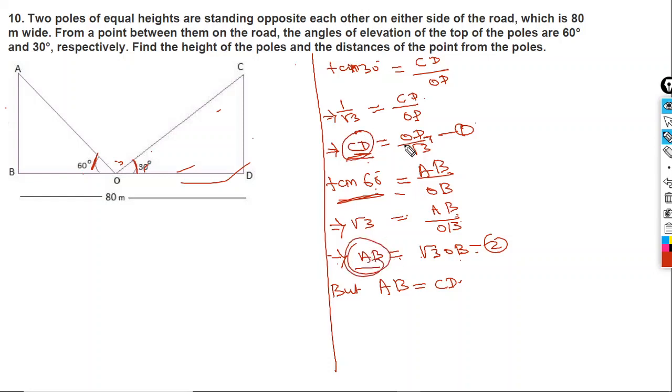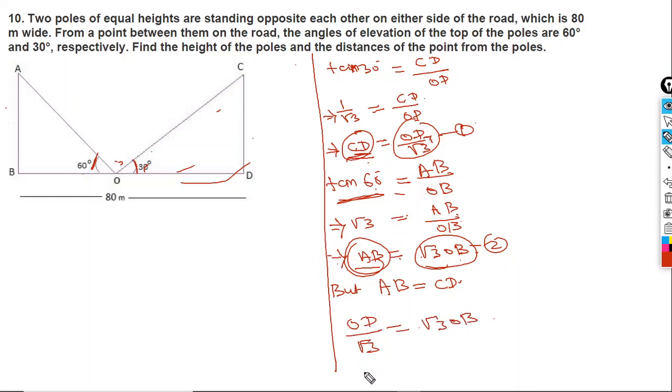Therefore you can write OD by root 3 equal to root 3 OB, as both the LHS are equal, CD equal to AB, therefore we can say RHS are equal. So you can write OD by root 3 is equal to root 3 OB.